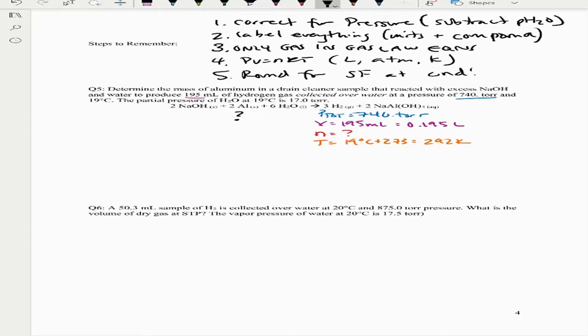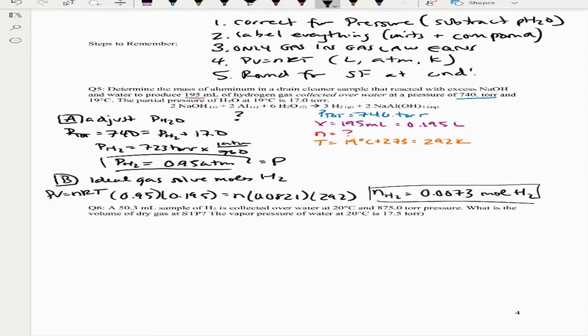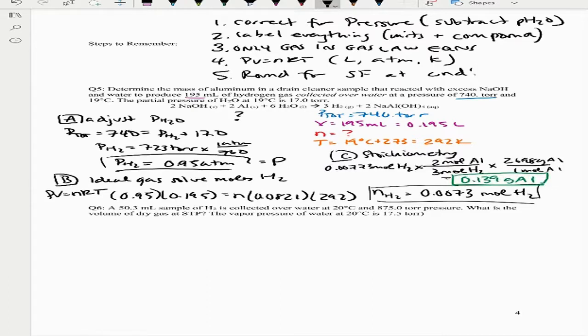So the first step is to adjust for the collected over water pressure. Step 2, we're going to use the ideal gas law to solve for moles of H2. Now that we solved for moles of H2, we can now use the molar ratio to convert to moles of aluminum and then grams of aluminum using molar mass. Our final answer is 0.139 grams of aluminum.